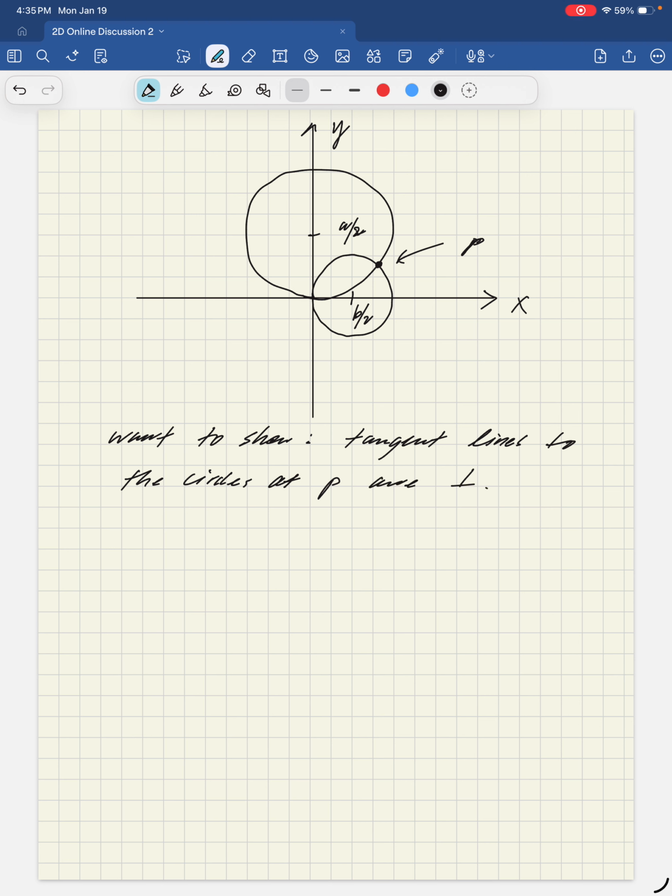But we know that for a circle, the tangent line at any point is perpendicular to the radial line from the center to that point.